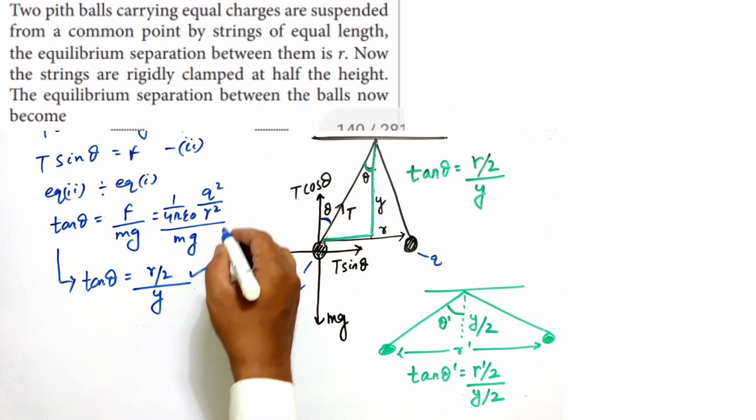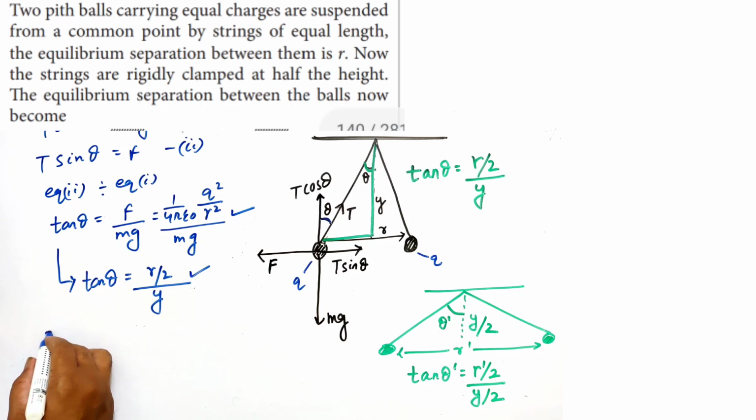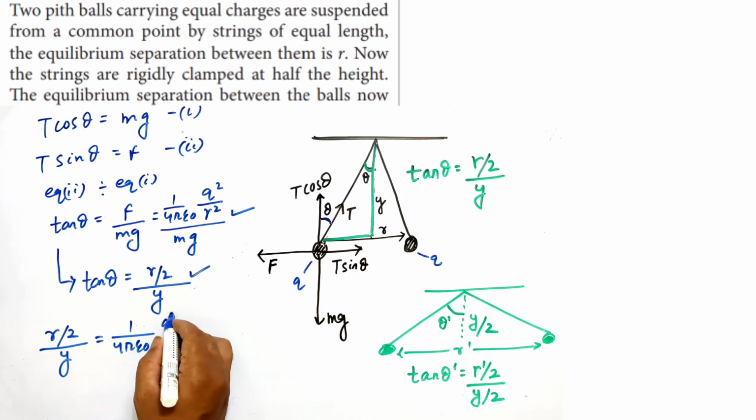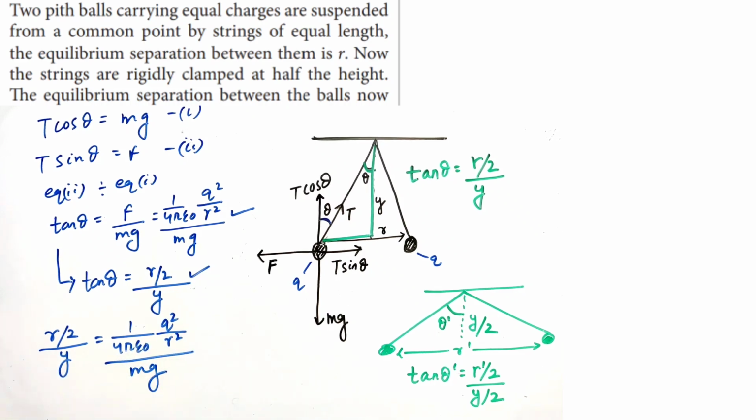So now you compare these two equations, we can rewrite them as R by 2 divided by y equal to 1 by 4 pi epsilon naught into Q square by R square divided by mg. So you can take this as equation number 3.